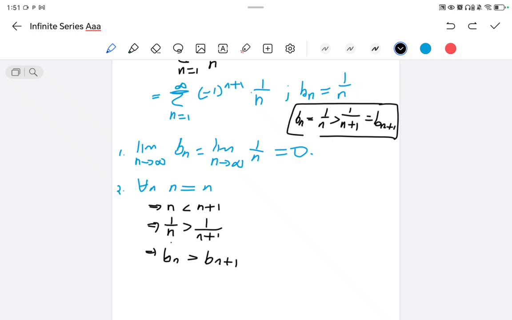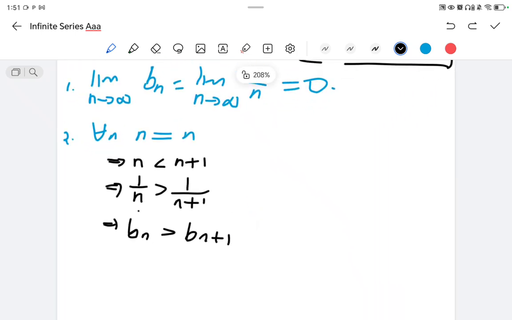Now let's come to deduce. Is this convergent or divergent? Does this converge or diverge? It converges, right?